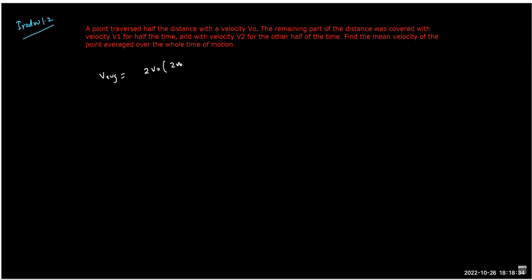It's not 2V0 in the numerator. It's 2V0 into V1 plus V2, divided by V1 plus V2 plus 2V0. Same answer. Excellent. So this is the right answer. Very good.